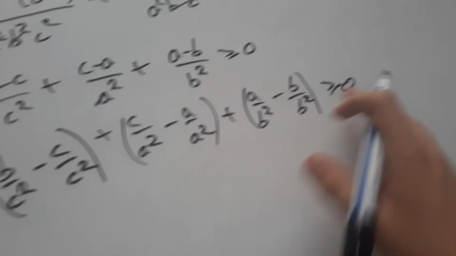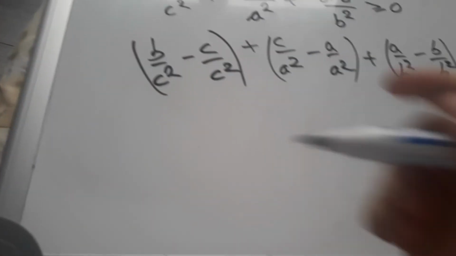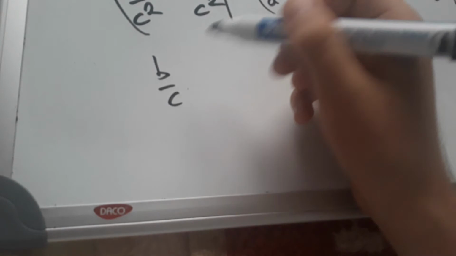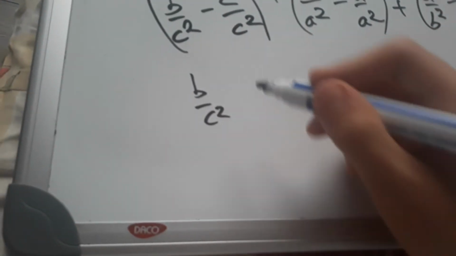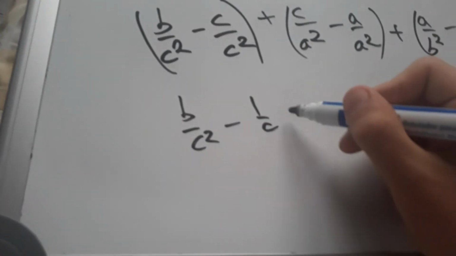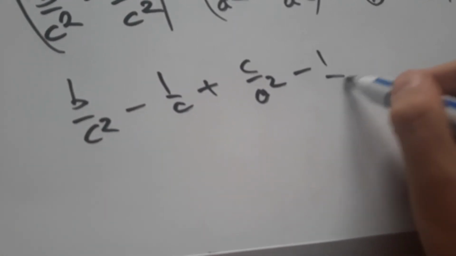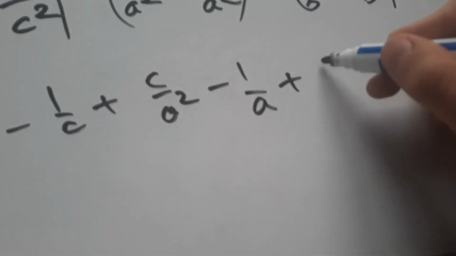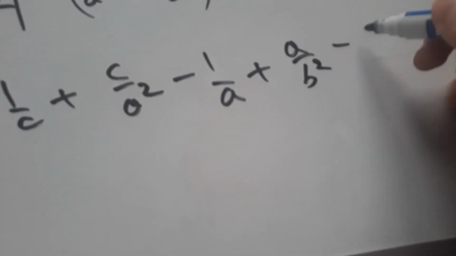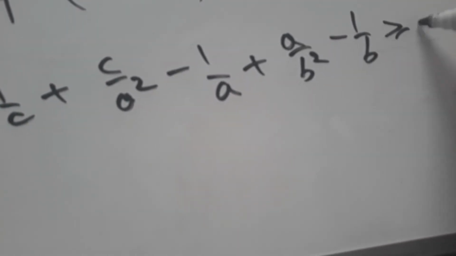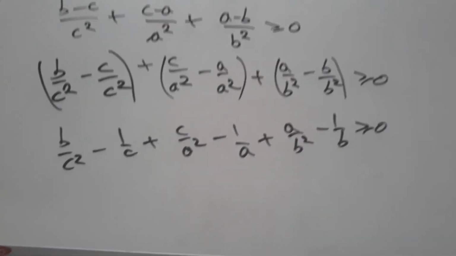I know we have to prove this. We can make some simplifications here. So we have b over c² minus 1 over c plus c over a² minus 1 over a, and then plus a over b² minus 1 over b, which is greater than or equal to 0.